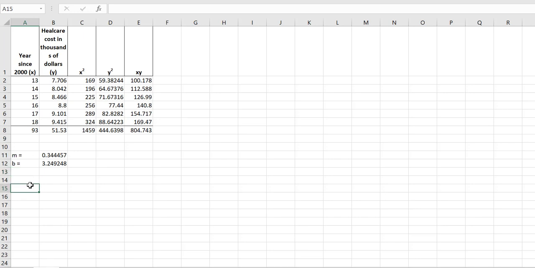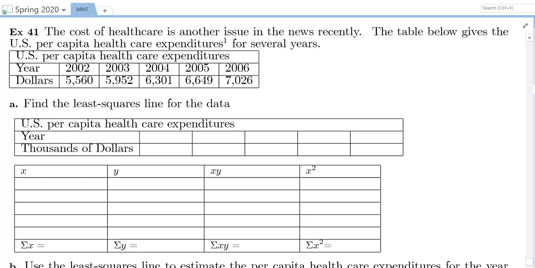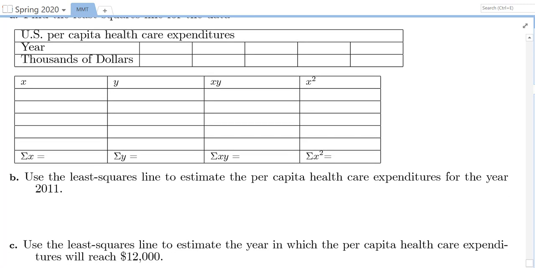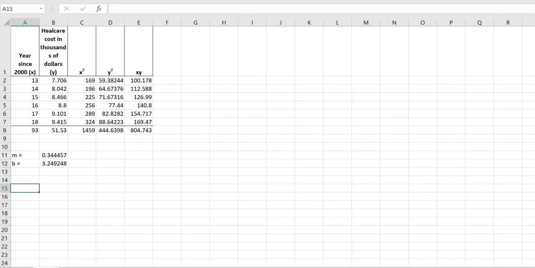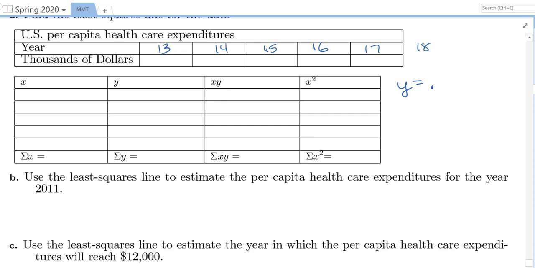So our whole equation, with our updated data, we end up with y is equal to 0.344x plus 3.25. Again, this is in thousands of dollars.